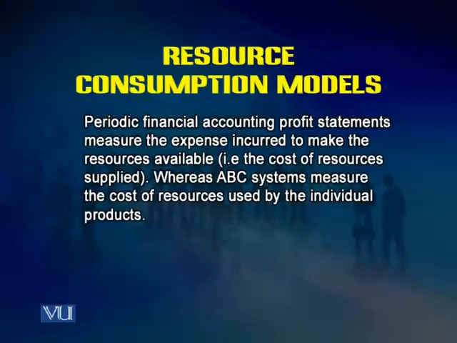Periodic financial accounting profit statements measure the expense incurred to make the resources available, i.e., the cost of resources supplied, whereas the ABC system measures the cost of resources used by the individual products. So this is where the major difference is going to arise.